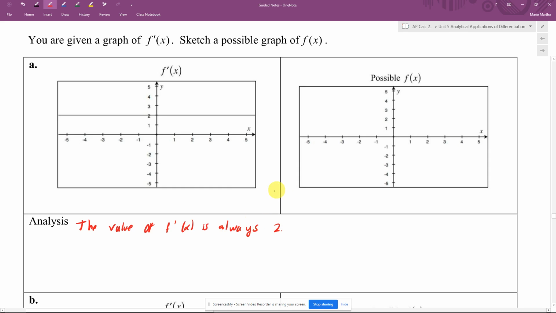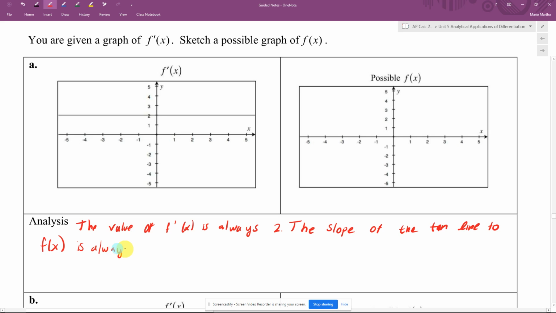Remember, this is a constant value. So what this is saying is that the slope of the tangent line to f of x is always 2.